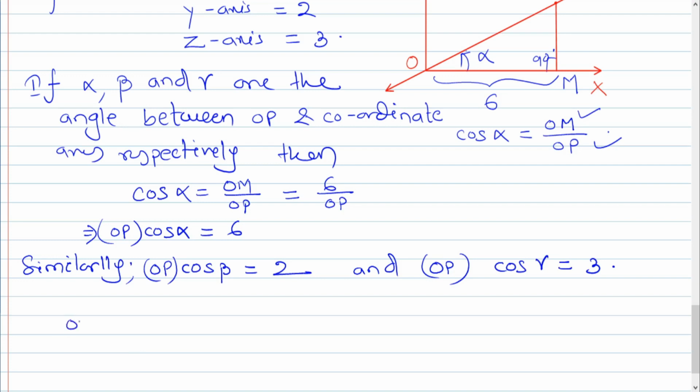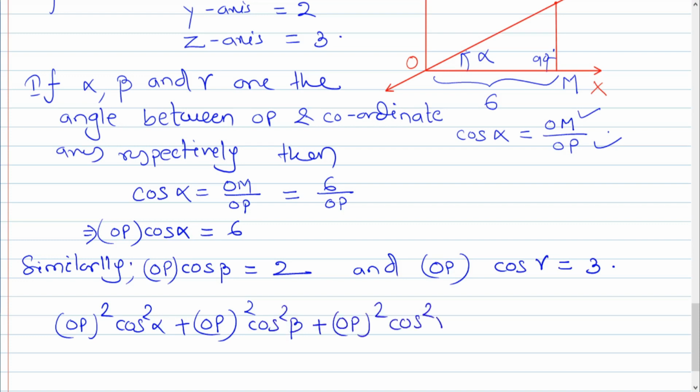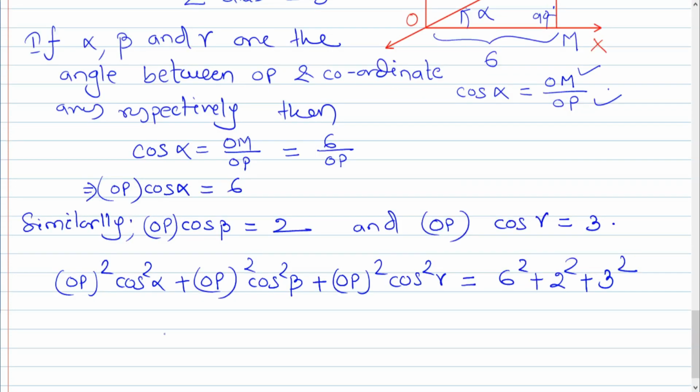So squaring, OP square cos square alpha plus OP square cos square beta plus OP square cos square gamma is equal to 6 square plus 2 square plus 3 square. So taking OP square as common, we are left with cos square alpha plus cos square beta plus cos square gamma.